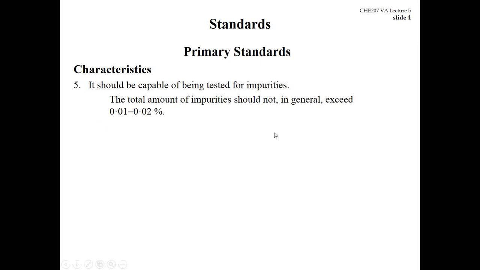The primary standard should contain a maximum of 0.02% impurity, and this impurity should be tested. The primary standard should be readily soluble in the solvent.